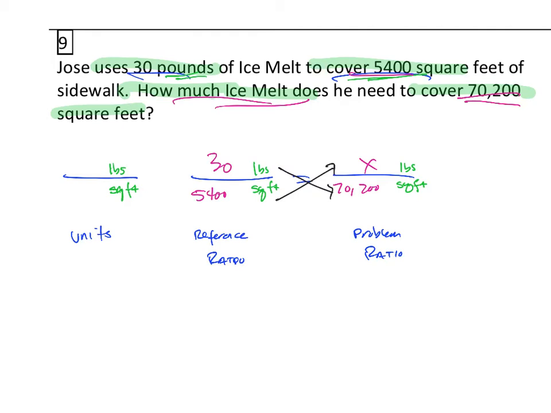So we're going to write up a cross product equation, which says that 5,400 times x should equal 30 times 70,200.